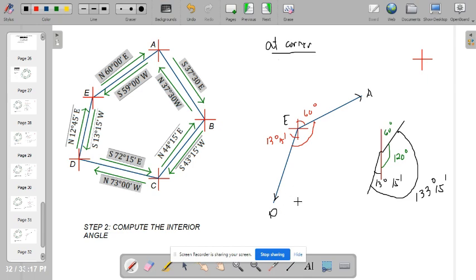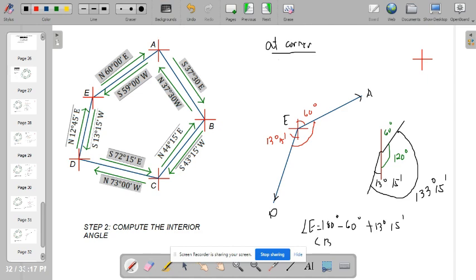Or you can say that angle E is equal to 180 degrees minus 60 degrees plus 13 degrees and 15 minutes.